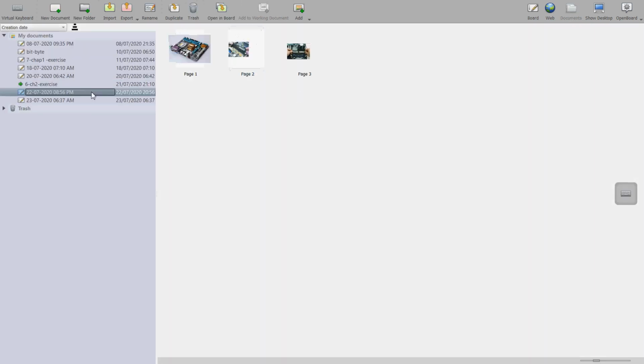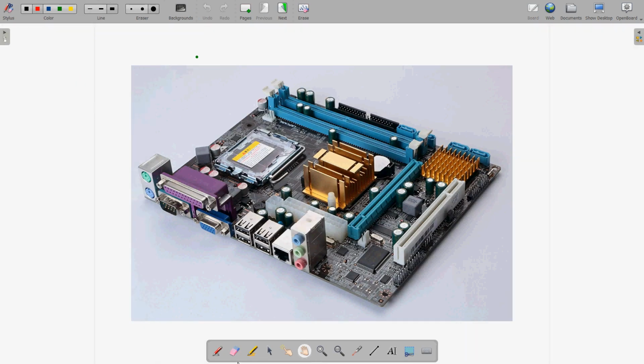Okay, so coming to the pictures. Here it is. Here you can see this is the picture of the motherboard. The motherboard, as I have told you already, is the part inside the computer where the different components are placed on this board. Clear?